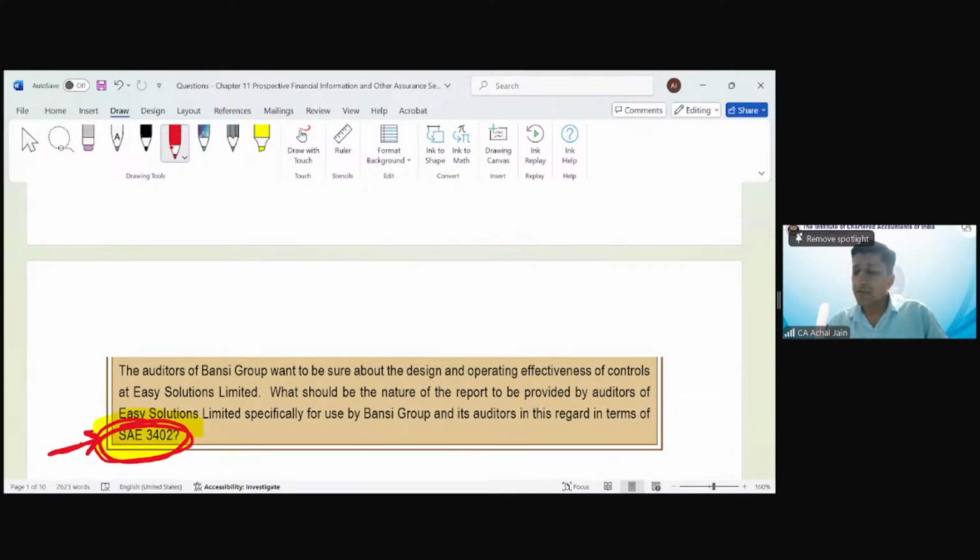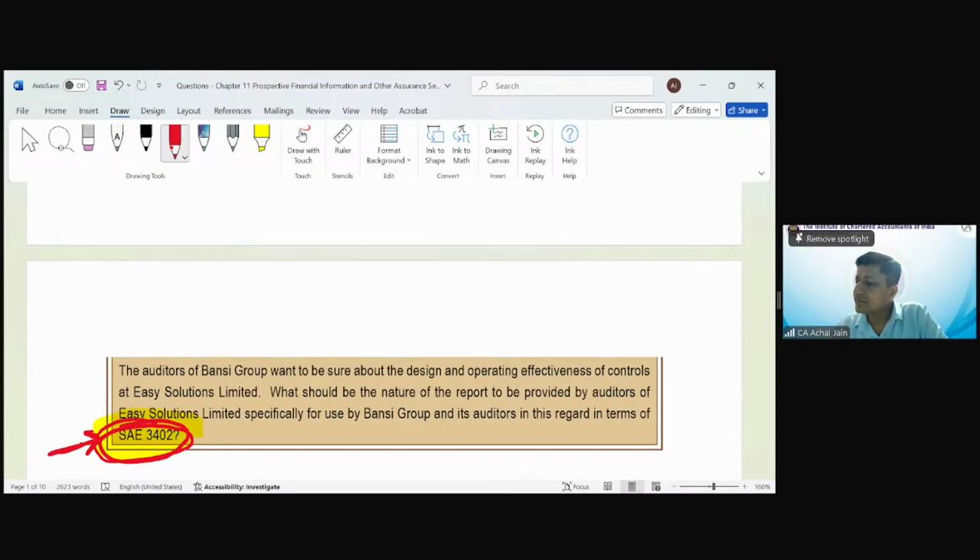So in this case, with respect to a service organization, there are two reports available, Type 1 and Type 2. Type 1 talks about the description and design of controls as at a specific date. Type 2 talks about the design and operating effectiveness of controls of the organization throughout the period.